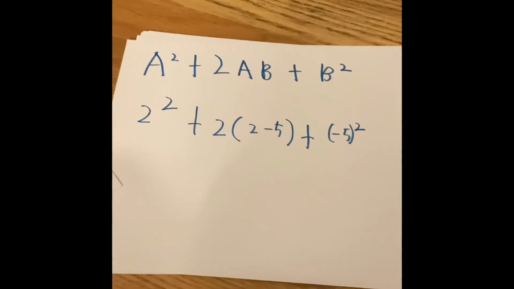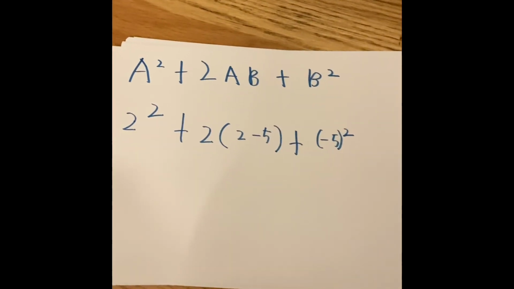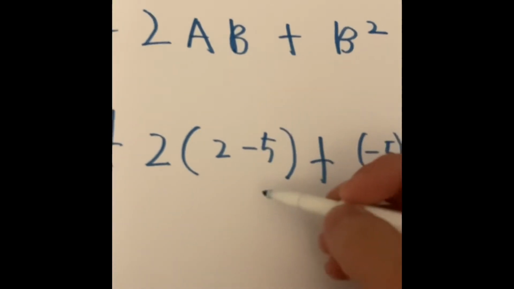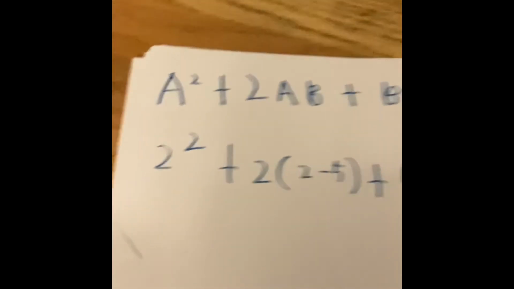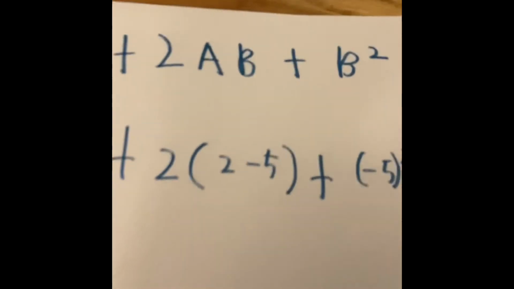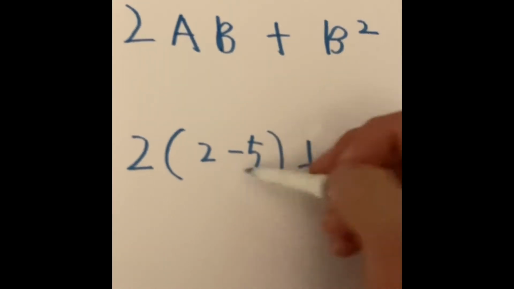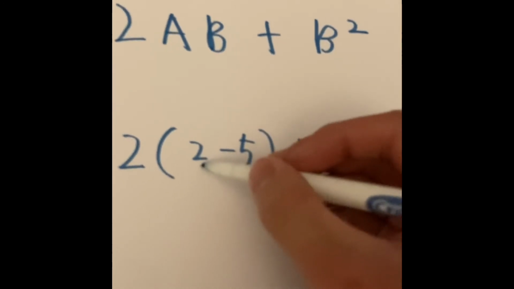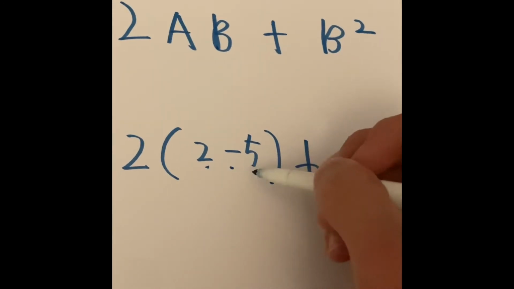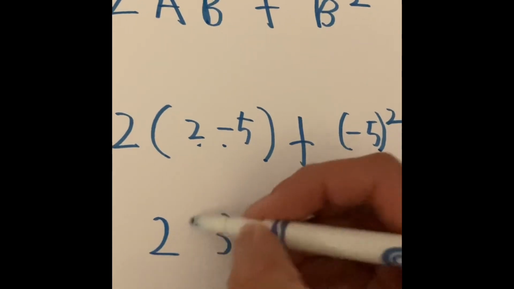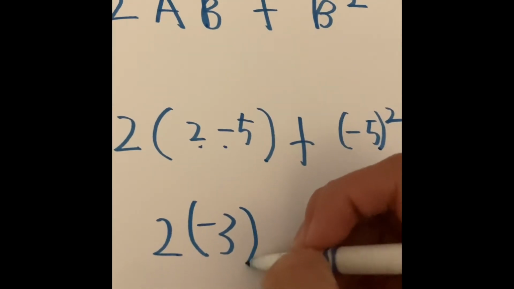In order to find our number, we're going to have to use order of operations, since we have a lot of steps to do. Basically, we do groupings first, the stuff inside the parentheses. So 2 minus 5 is going to be negative 3. So we're going to say 2 multiplied by negative 3.